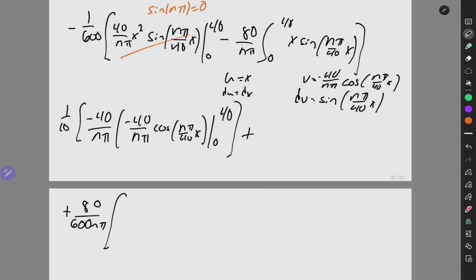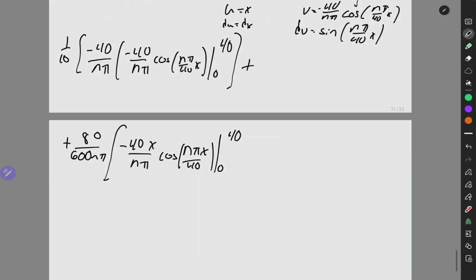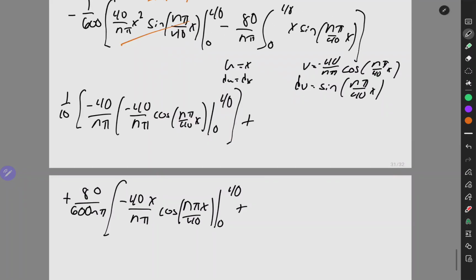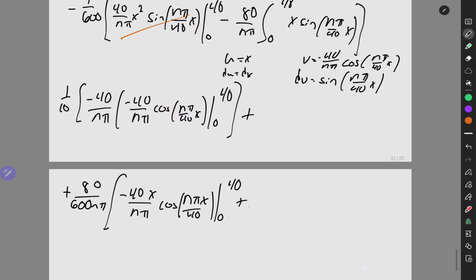Over n pi uv from 0 to 40 plus v du. It's minus, so it's plus. I'm pulling out the 40 over n pi, integral 0 to 40. Oh boy. Integral 0 to 40, where was I?